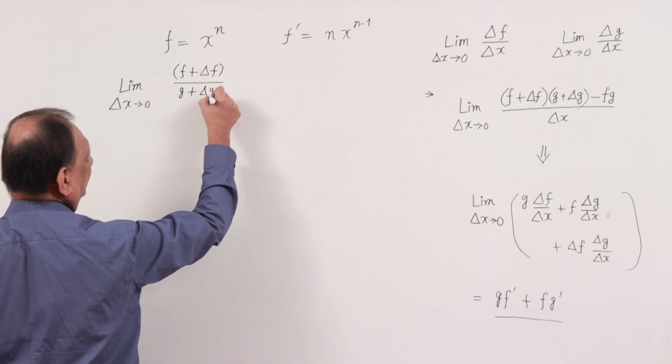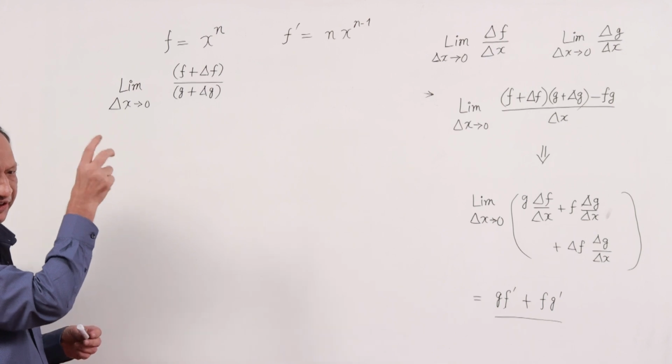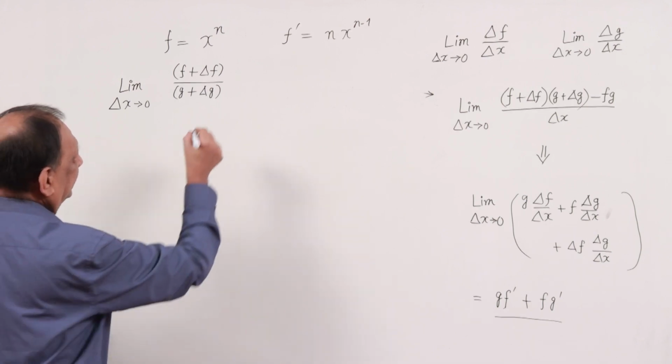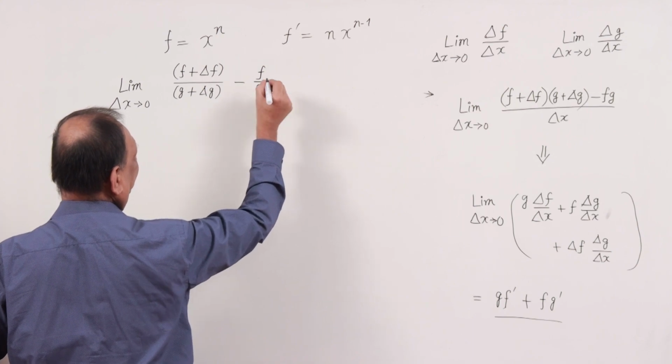This is the incremented value of the quotient. I have incremented the individual numerator and denominator, minus the original quotient f by g.